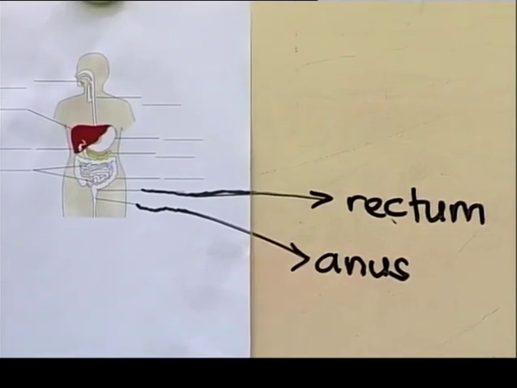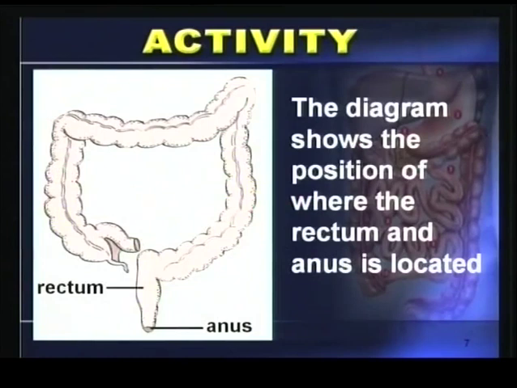All right, let's have a look at the diagram here. This diagram shows the position of where the rectum and the anus is located. So do you think the rectum and the anus is part of the large intestine? Yes, it is part of the large intestine. Do you know the functions of these two parts? All right. In your lesson today, you will discuss and find out more about the functions of these two parts.